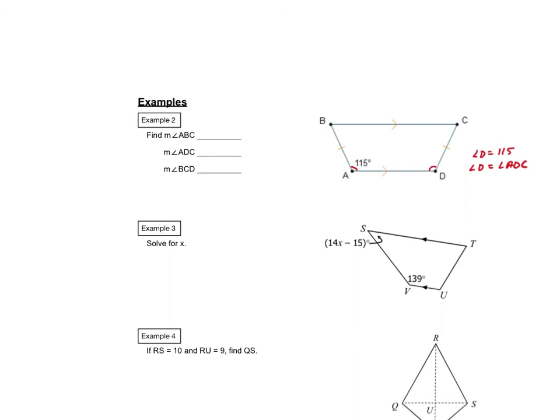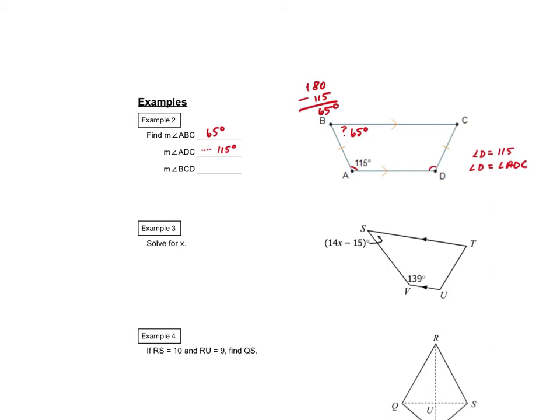So angle ADC is going to be 115 degrees. Angle ABC is going to be 180 degrees minus 115, which is going to be 65 degrees.